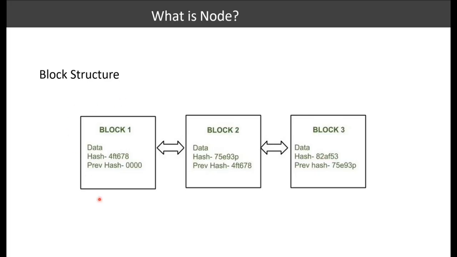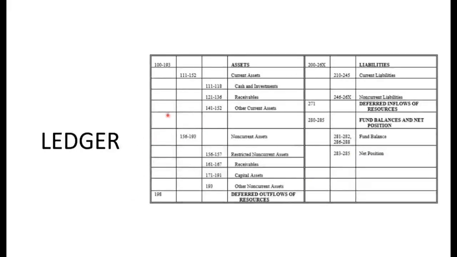We have data, and we have the hashing functions that link them together. All of these blocks exist on a node, and these nodes are replicated throughout the network. If we take a look at a ledger in Bitcoin or Ethereum, it is very similar to a financial or bank ledger. It's stating the transactions and the current status of assets, what the assets are and who owns them.